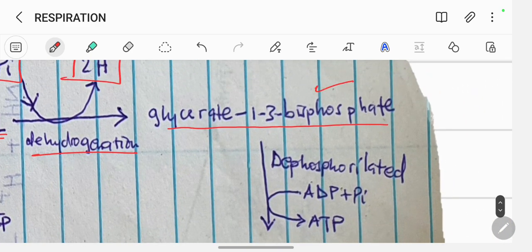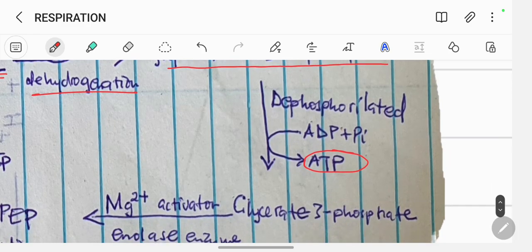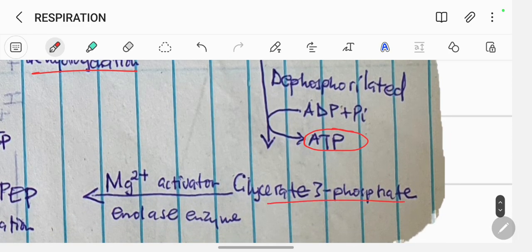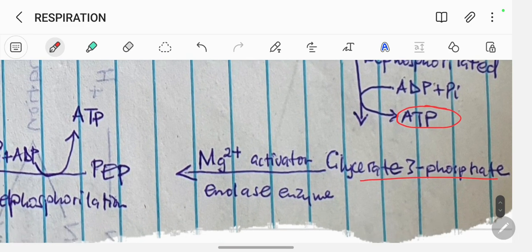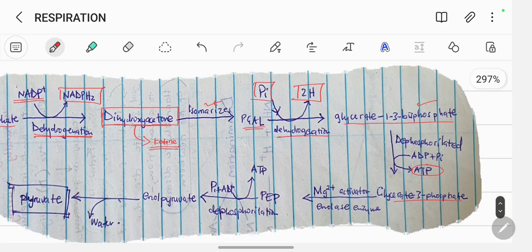From glycerate 1,3-bisphosphate, you start harvesting your ATP. You form glycerate 3-phosphate. Now, from our illustrations that we had before, I jumped from glycerate 3-phosphate straight to pyruvate. Books always show this. So as I said, such complicated stuff is always in mock.